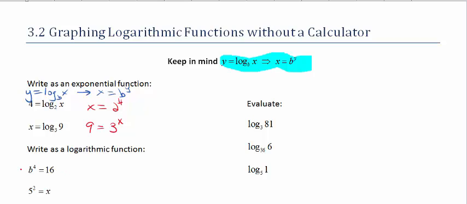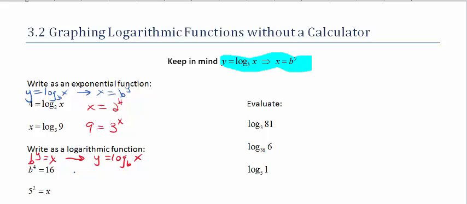This goes both ways here though, so let's rewrite this, and I'm going to have to flip it around here. So b to the y equals x, because that's how they wrote these, can be converted to y equals log base b of x. So in this first example, our y goes by itself.